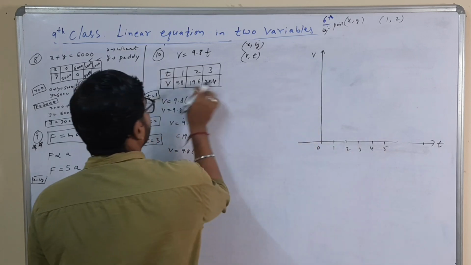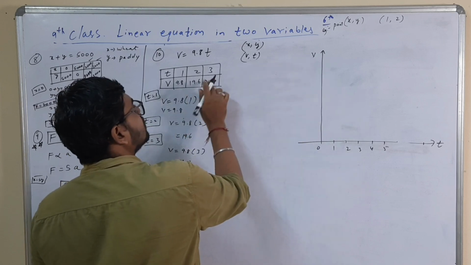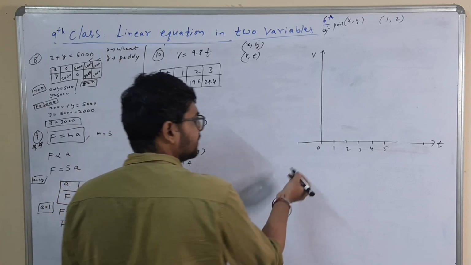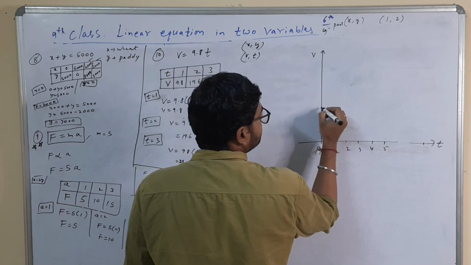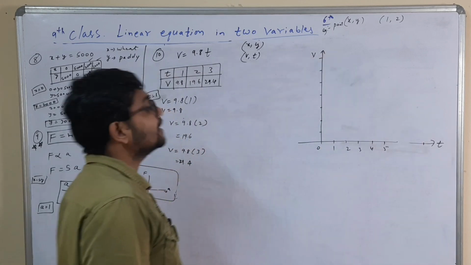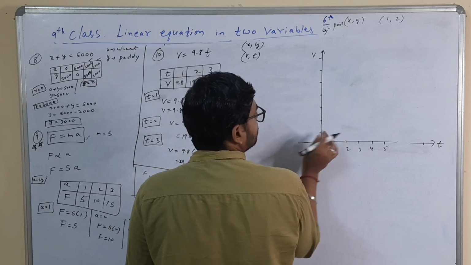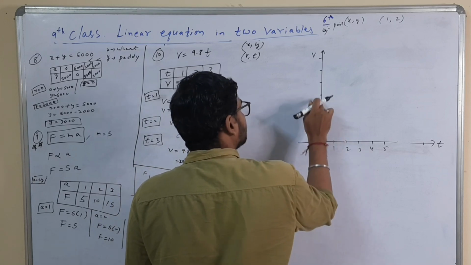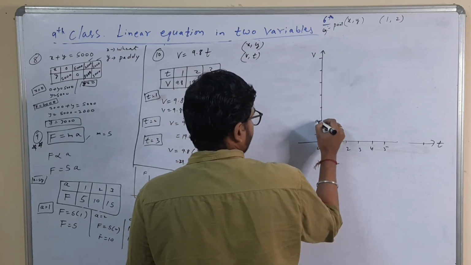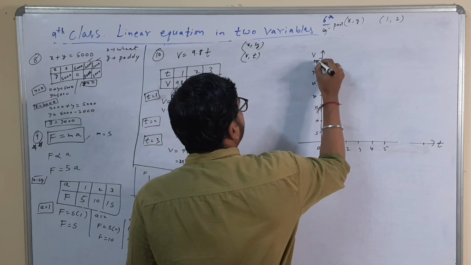Now if you see, the values for y go up to 29, and I'm taking the same gap, this unit, but I want up to 30. Suppose I take 5, 10, 15, 20, 25, 30, 35.